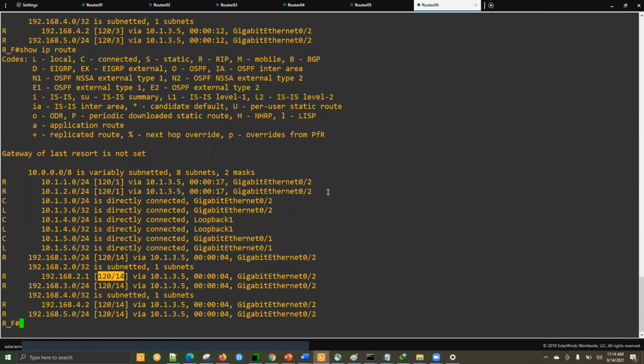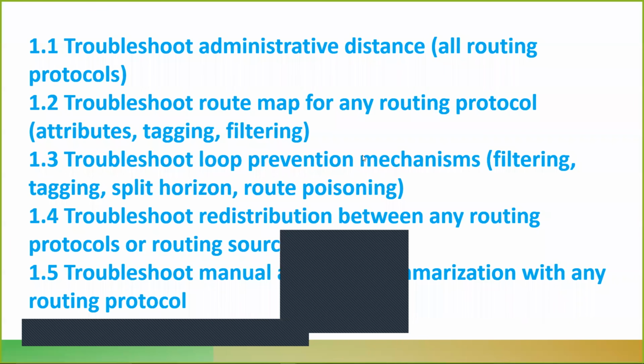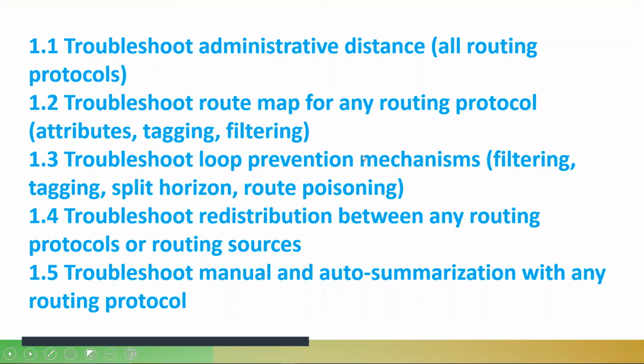So now our two-way redistribution troubleshooting, route maps, their filters, their tag attributes, I have covered each and everything in this particular section. Let us see what we have covered so far and what topics I'm going to cover in this section. So we have covered 1.1, troubleshooting AD value.